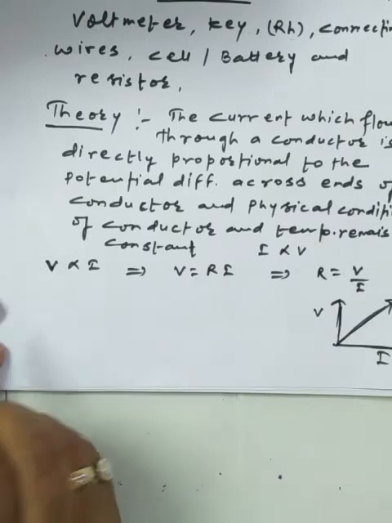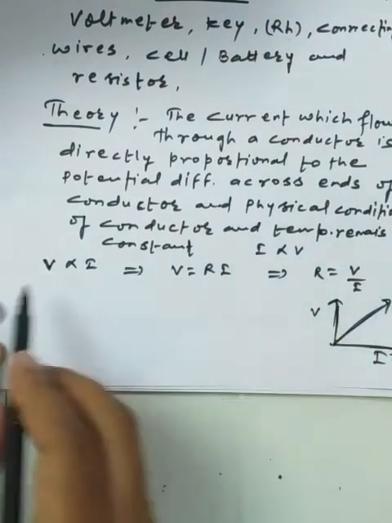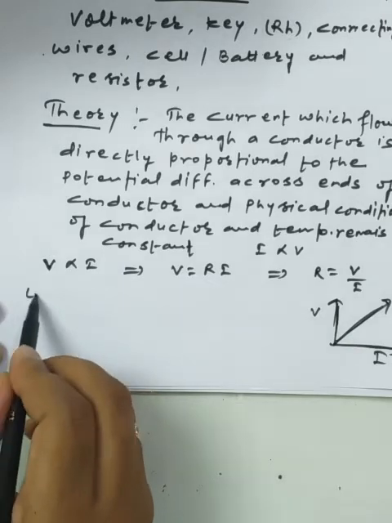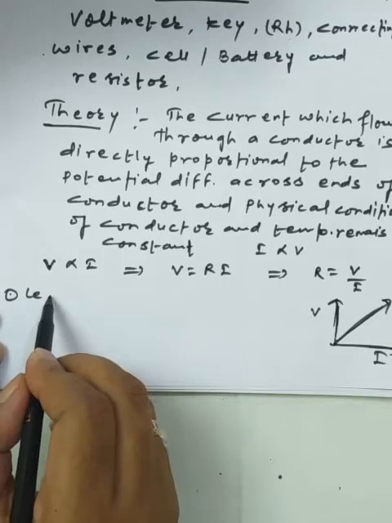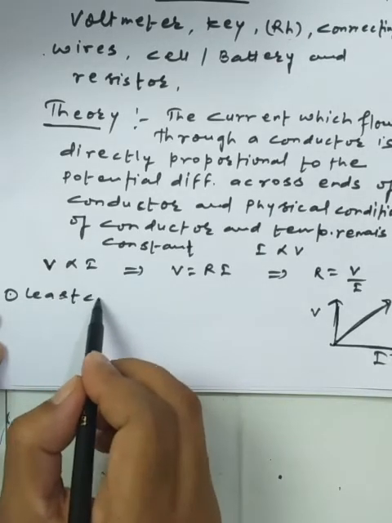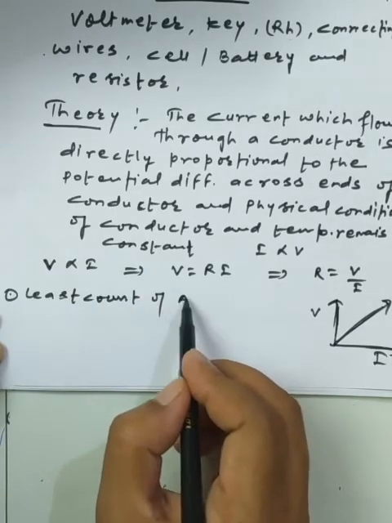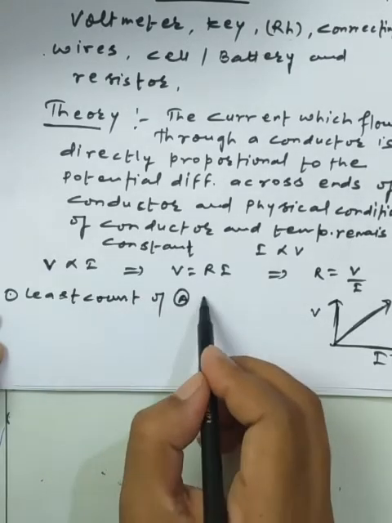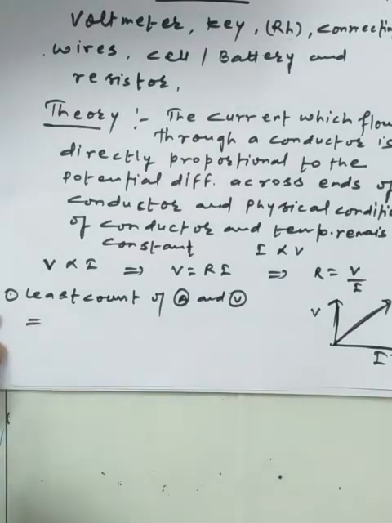So first I am writing the least count formula. The necessary formula which we want to use here is the least count of ammeter and voltmeter. So what is the basic formula you will use here?